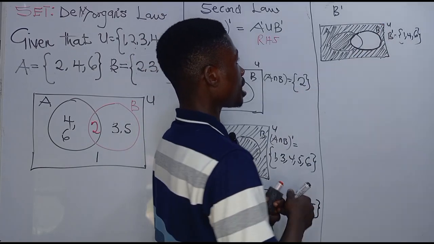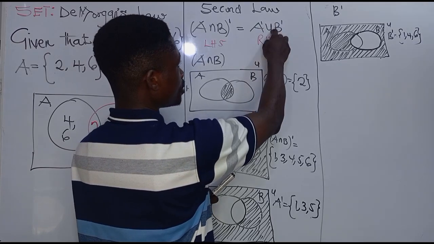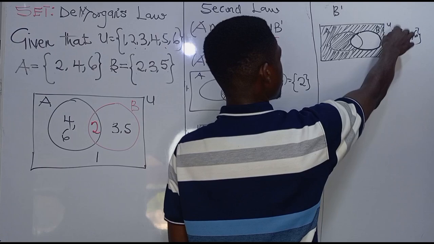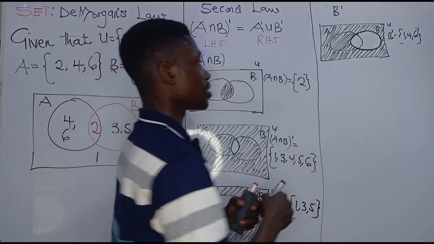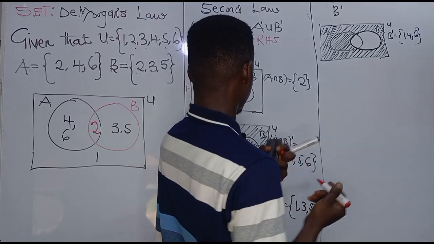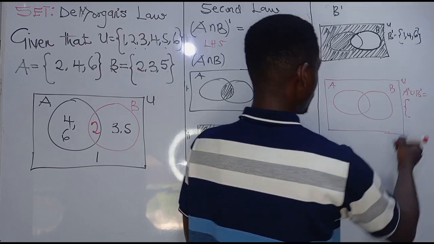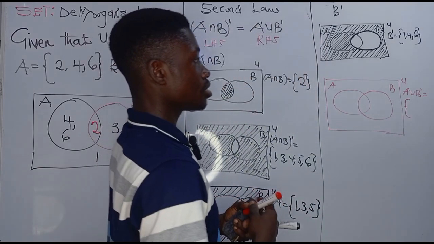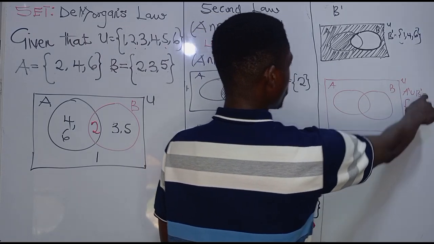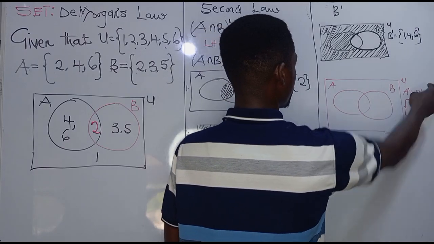Good. Now let's look at A complement union B complement, because we already have A complement and then B complement, so you can find their union. So the last Venn diagram that we are going to draw, we are going to combine all the elements in A complement and then B complement into a single set, and that becomes A complement union B complement.